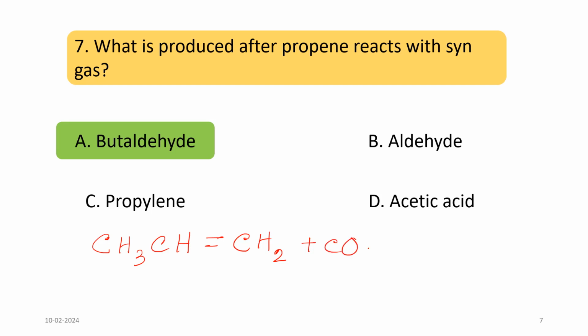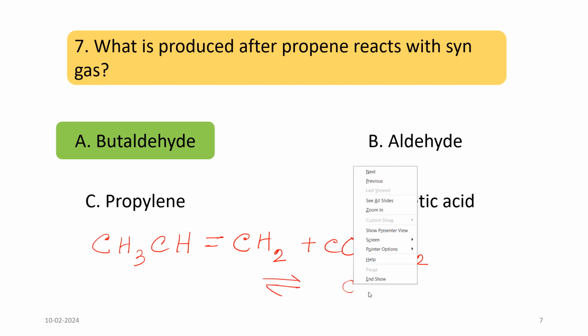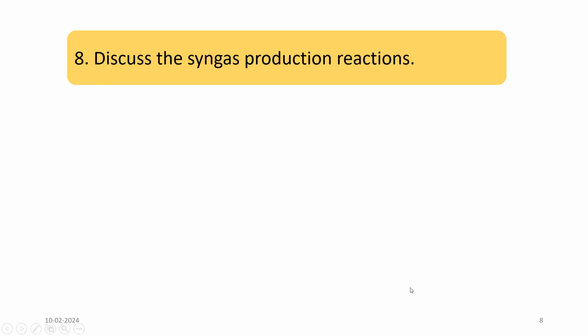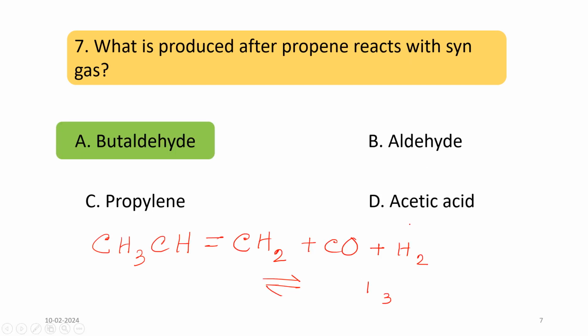It reacts with CO plus H2 and produces CH3 CH2 CH2 CHO, which is butyraldehyde.